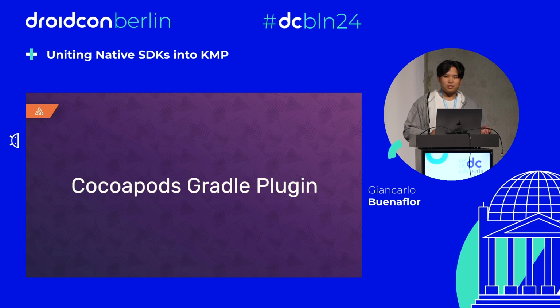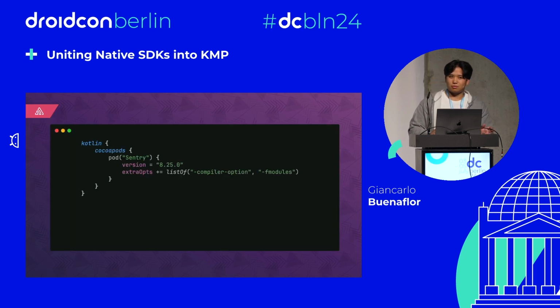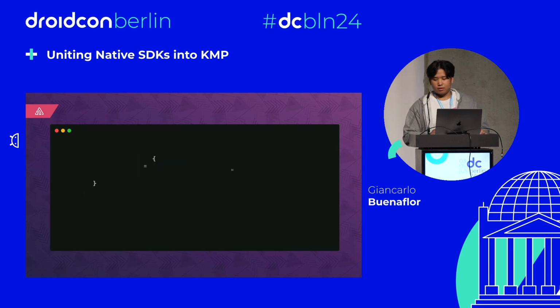The other way is probably what most people on Kotlin Multiplatform who are not writing libraries will do, which is just using CocoaPods directly. This is extremely easy. You just add the CocoaPods plugin and define whatever you want, and the plugin will do all these things for you automatically behind the scenes. Then you do the same: you just import it, and you'll be able to use it.